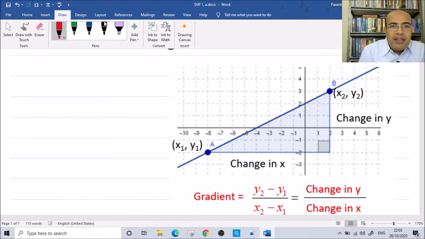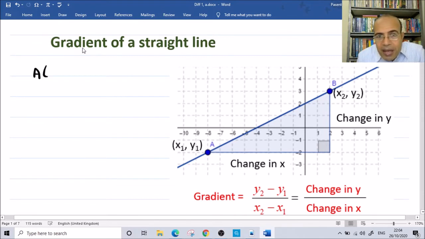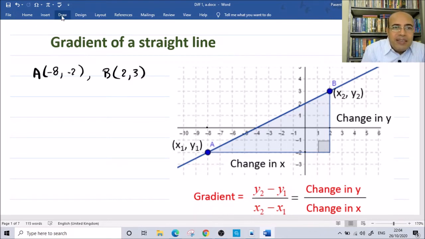In that example, the coordinates of point A from the graph are x equals negative 8 and y equals negative 2. The coordinates of point B are x equals 2 and y equals 3.